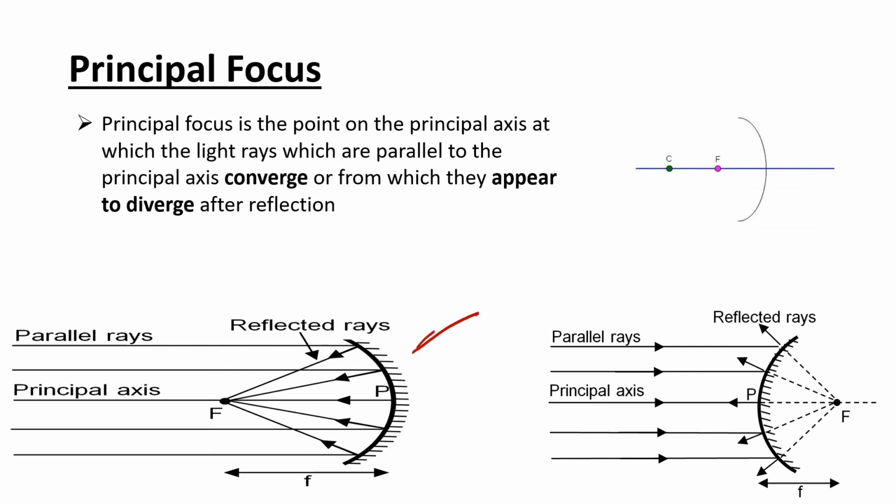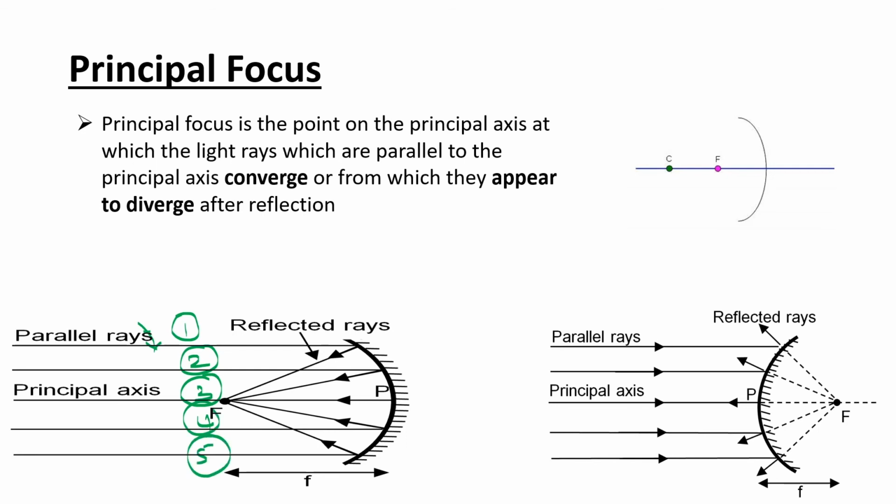This is a concave mirror. This is the principal axis. These are rays which are parallel to the principal axis. Let this be ray 1 and this ray 2, ray 3, ray 4, ray 5.